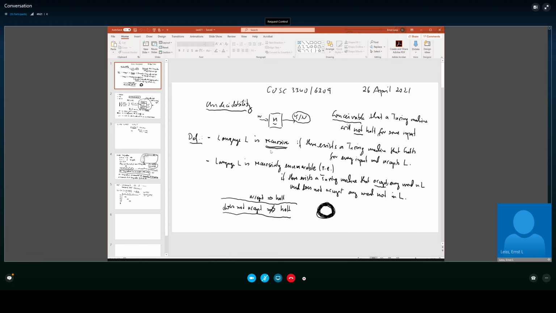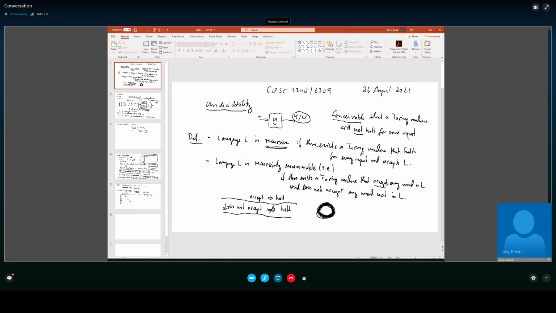A language is recursive if there exists a Turing machine that halts for every input and accepts L. So it basically requires you to have a Turing machine that will always halt. That is a recursive language. Now, that doesn't necessarily mean that every Turing machine for that language will halt. All it says is that there exists a Turing machine that will halt for that language.